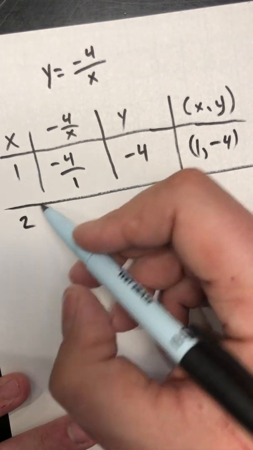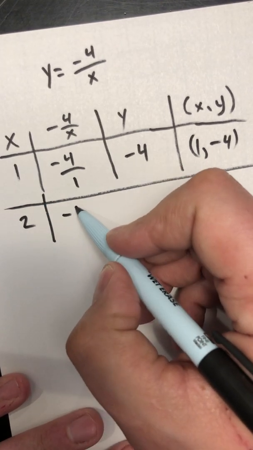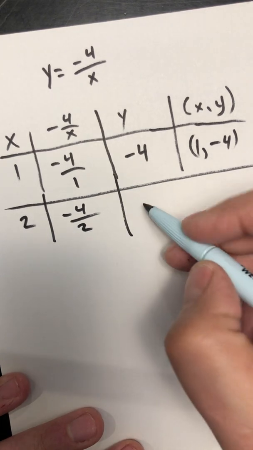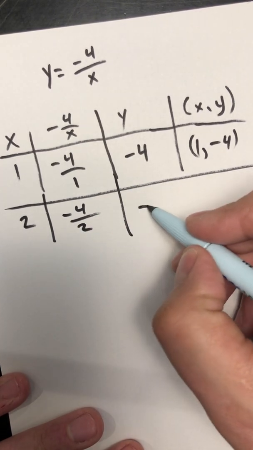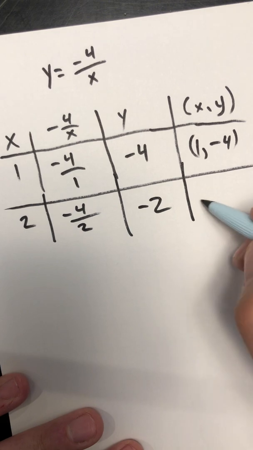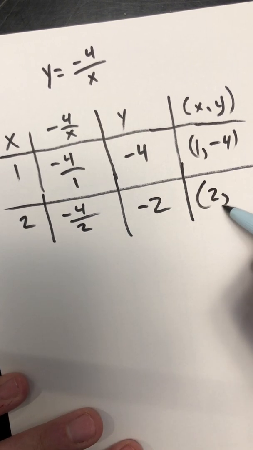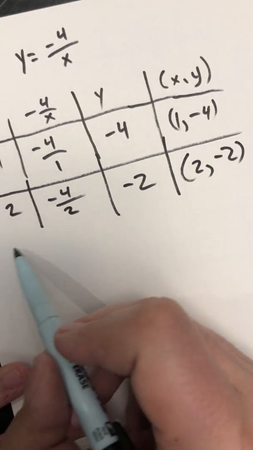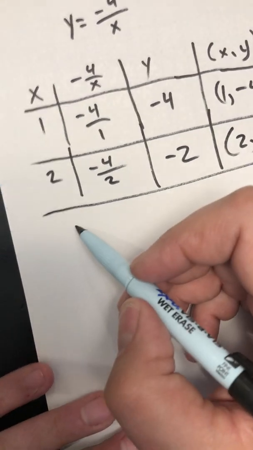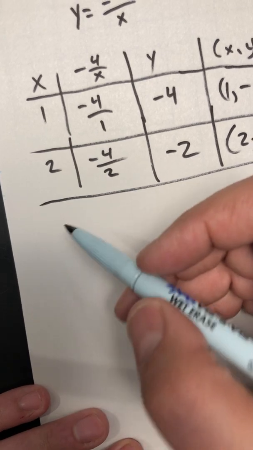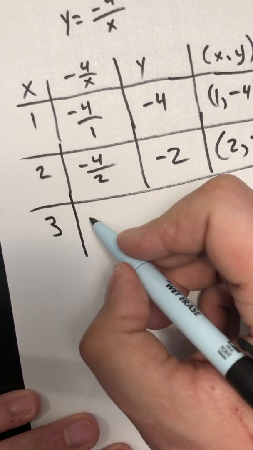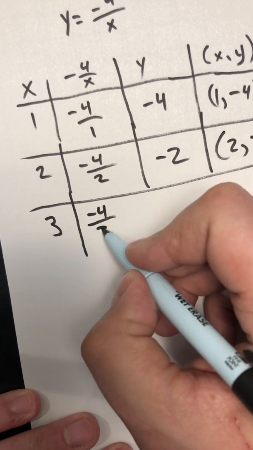What happens when x is 2? Well, negative 4 over 2. Negative 4 over 2 is negative 2. Okay? So I have 2, negative 2 as my ordered pair. Now let's look at what happens here. 3, that means I have negative 4 over 3.